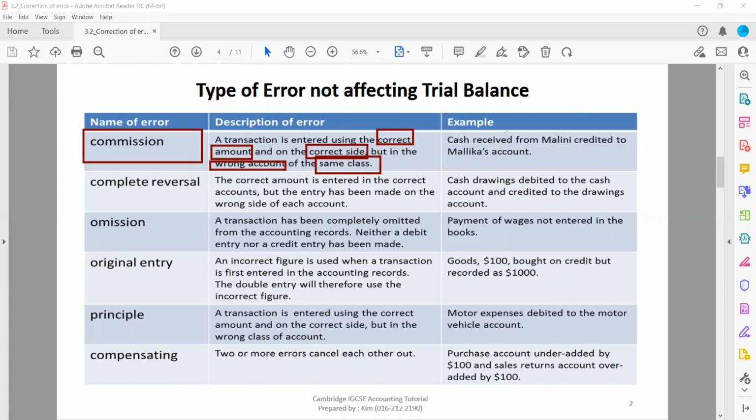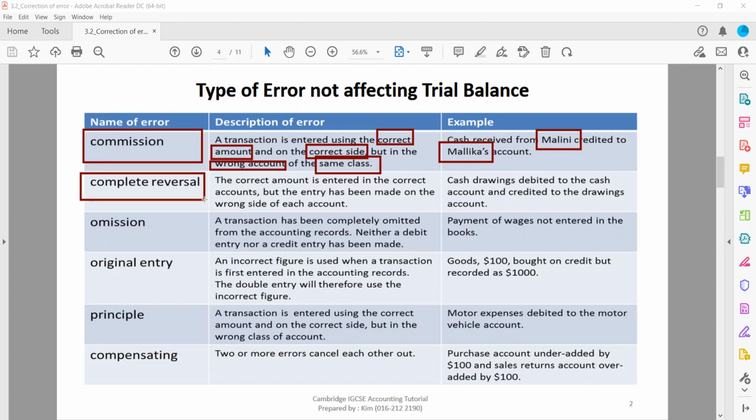Example, cash received from Malini credited to Malika. Malini and Malika are the same class. Same class means that both are trade receivables. But we put it into the wrong account because these two are different customers.